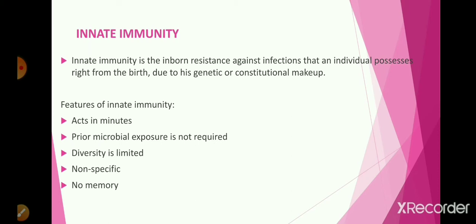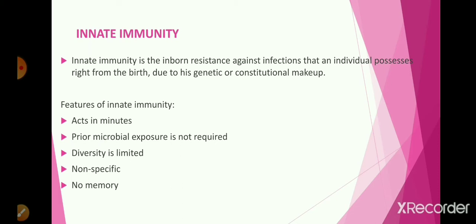Basically, the innate immune system continuously scans our body so that it can eliminate pathogens, even when prior microbial exposure is not required. If a pathogen is present, they eliminate or kill it. So we can say that the innate immune system scans our body for the presence of microbial exposure.